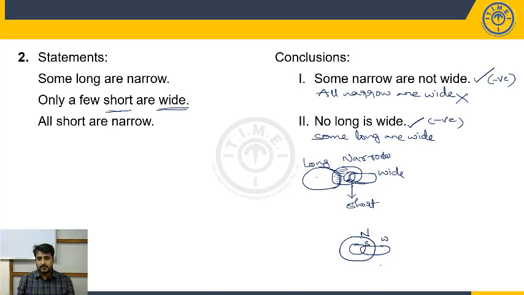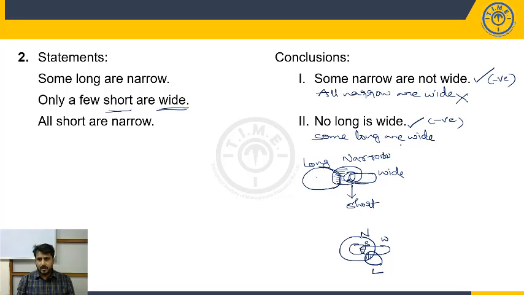So without violating that, we may draw the diagram like this. Some long are narrow, and simultaneously some long are wide. It is not violating any of the statements. If you want, you may cross check it. Some long are narrow, yes. Only a few short are wide, yes. All short are narrow, yes, short is within the narrow.